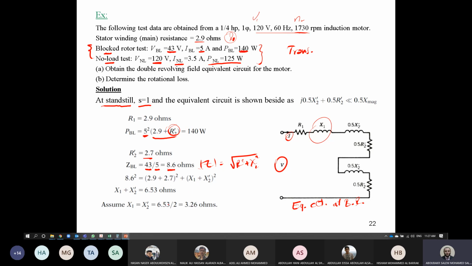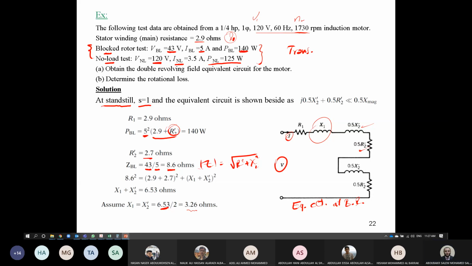So we can assume that X1 equals X2 prime equals the reactance obtained over 2. This now represents X1 or X2 prime. So from the blocked rotor test, we could obtain the values of R2 and X2, besides the value of X1.